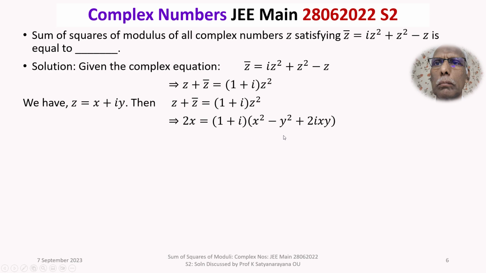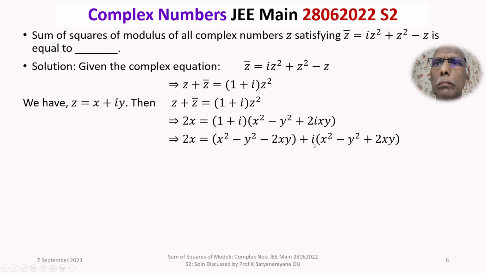Now multiply. So this will be 2x = 1 times (x² − y²), and i times 2ixy, that is −2xy, which is the real part after multiplication, plus i times (x² − y²), and 1 times 2ixy, that is i times 2xy.